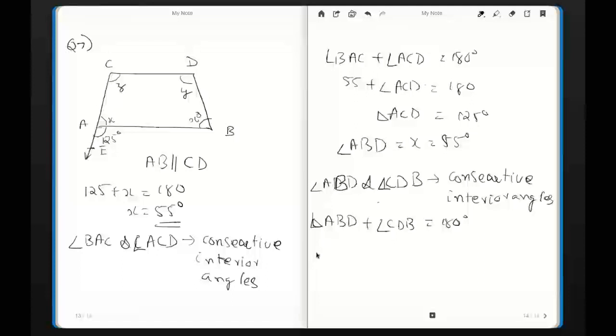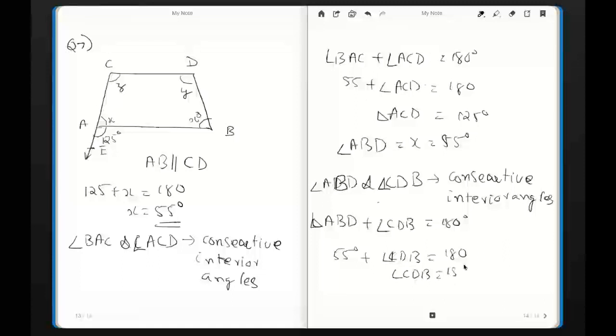And since angle ABD is 55 degrees, through X and X being the same, angle CDB is equal to 180 minus 55, which will be 125 degrees. So we got all the angles. We found the value of X, found the value of Z, and we have also found the value of Y. All the angles. Pretty straightforward.